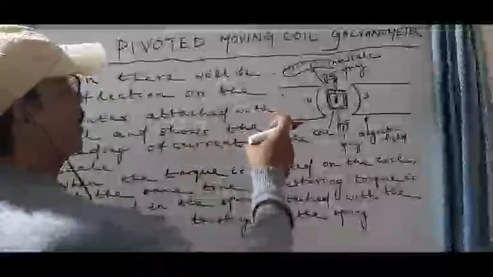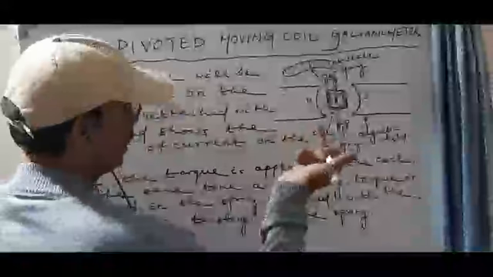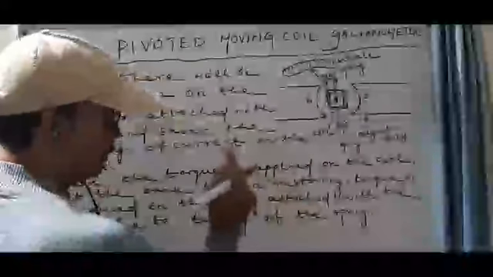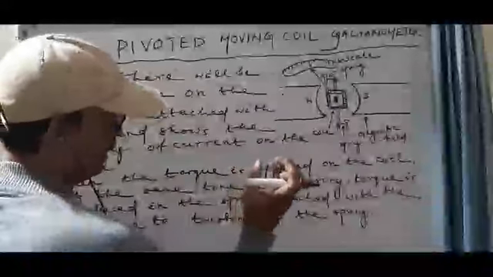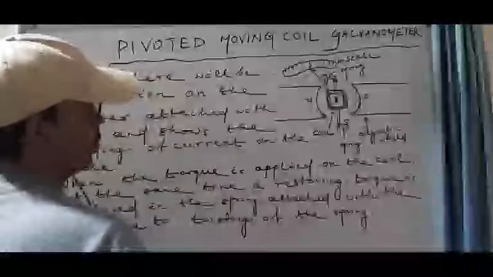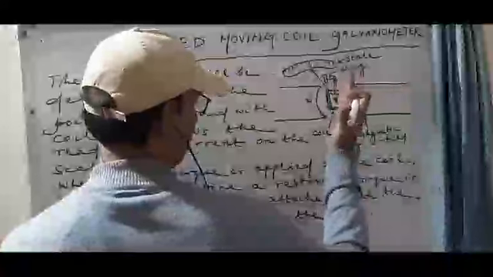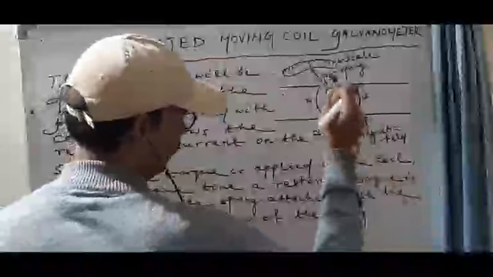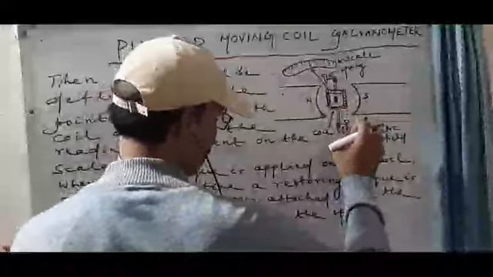So actually what happens when there is application of torque on the coil, when the coil starts to rotate, the spring attached with it starts to wind up, means contracted. Okay. So the pointer will stop, means the rotation of the coil will stop, when the applied torque is balanced with the restoring torque in the spring.